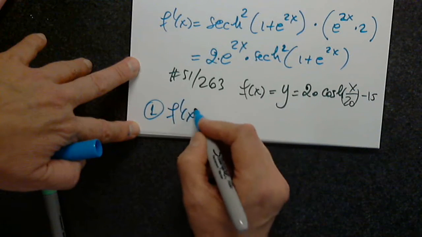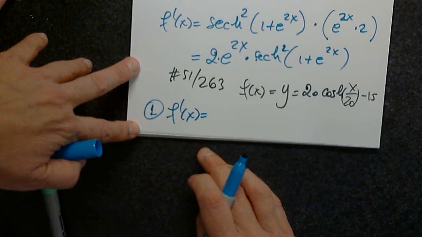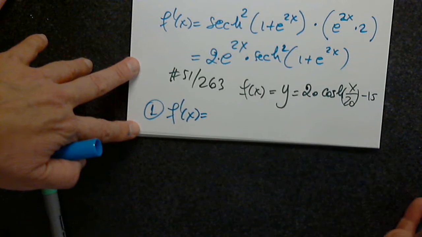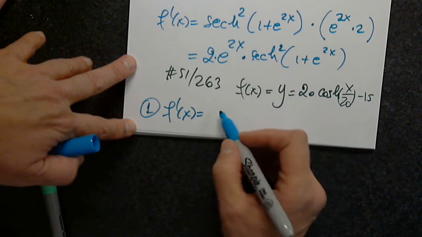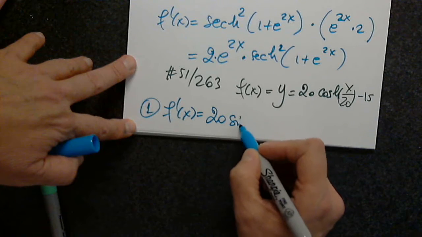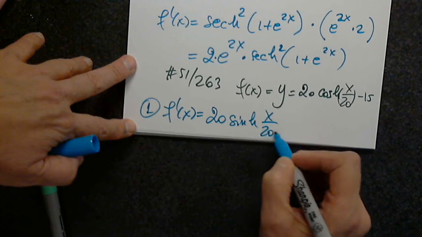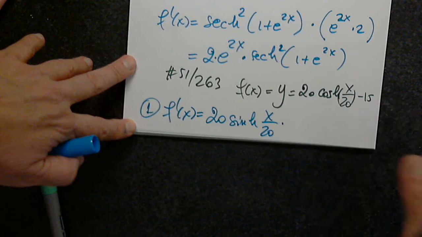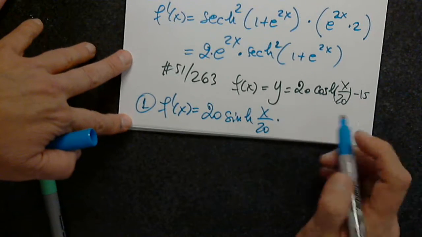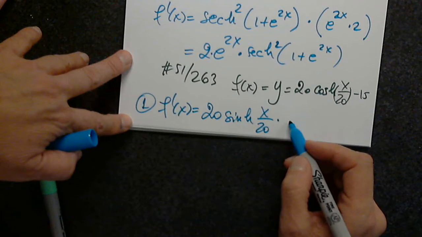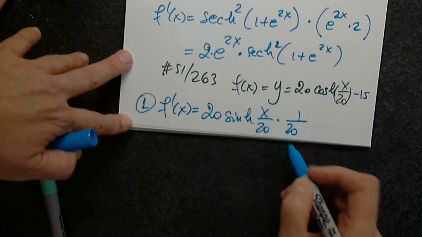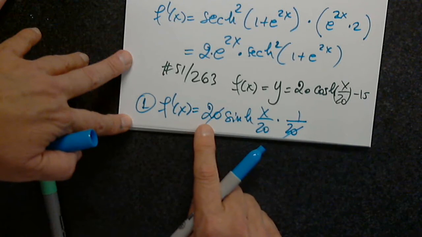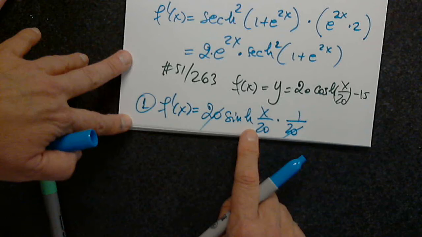So then f prime will be, remember, the derivative of hyperbolic cosine is not negative but positive. So this is 20 hyperbolic sine of x over 20. The derivative of negative 15 is 0, but I haven't finished. Times what? 1 over 20, which will cancel with the 20 in front because this is outside of the function.